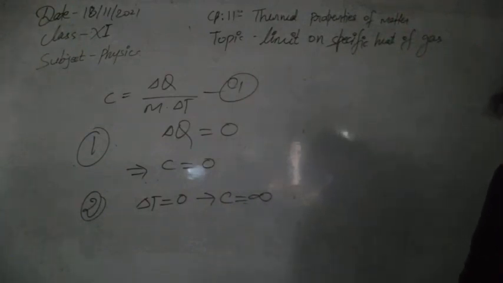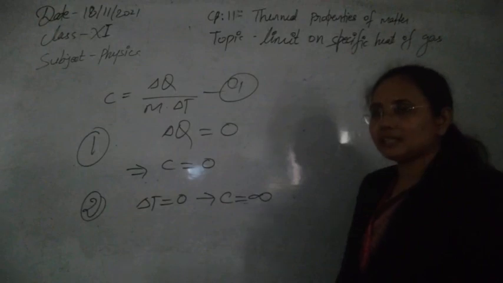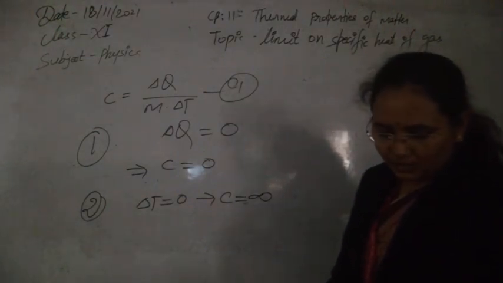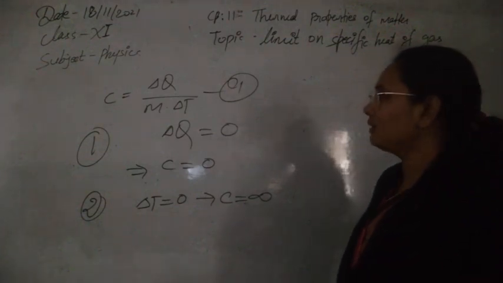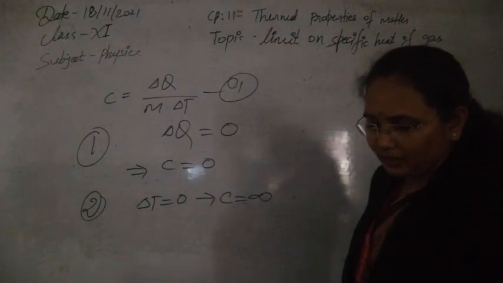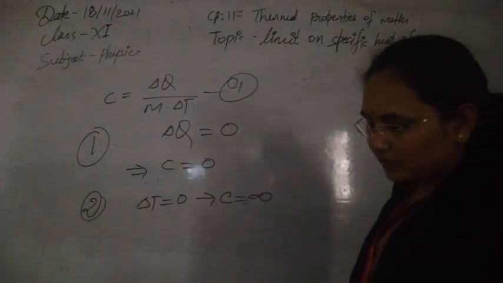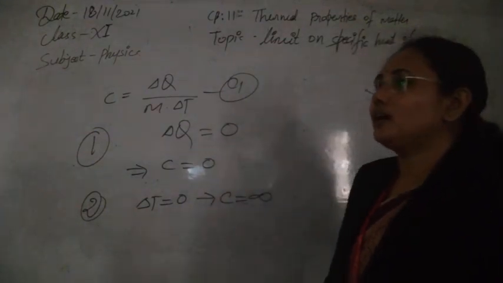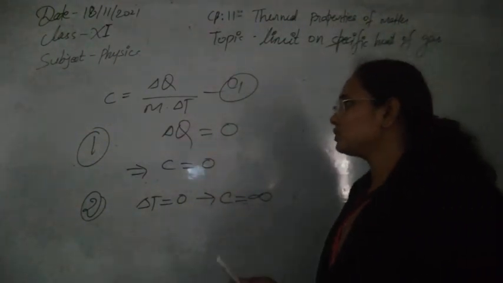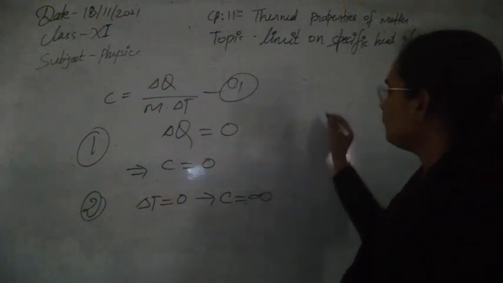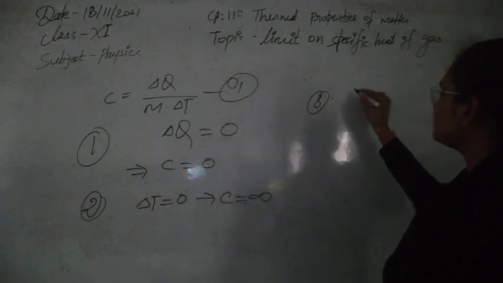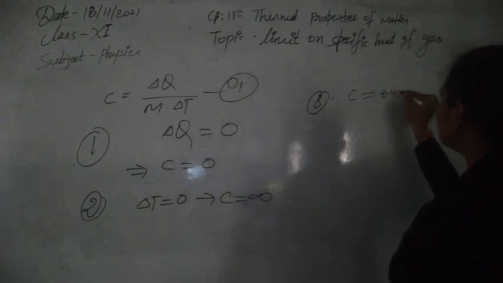The third case: if the gas is expanding very slowly, the change in temperature is very small, and the rate of change of temperature is slow and positive, so C has a positive value.